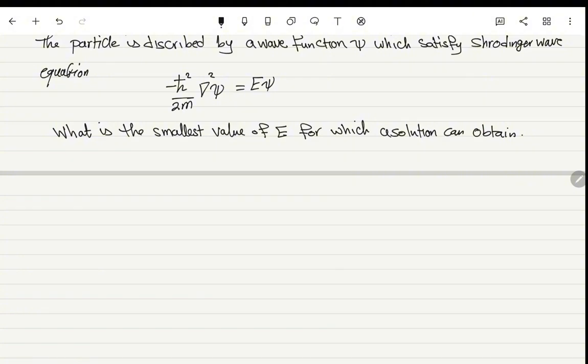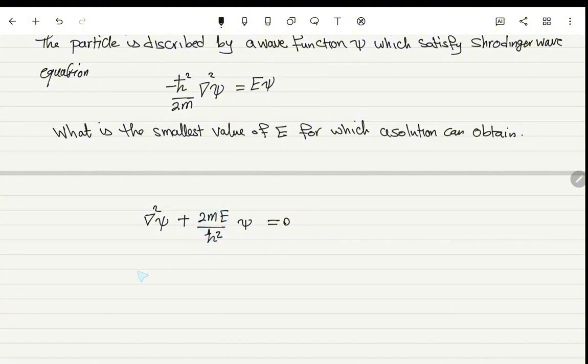Let's rearrange the equation, this one here. So Laplacian psi plus 2mE over h bar square psi equal to 0. So if we compare this with the Helmholtz equation, this part here is k squared.